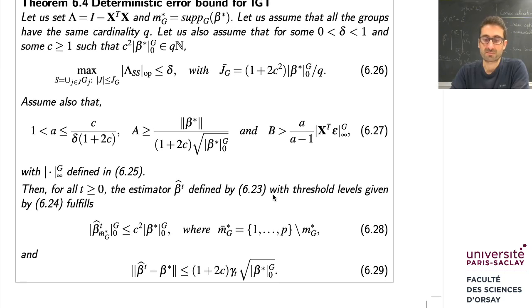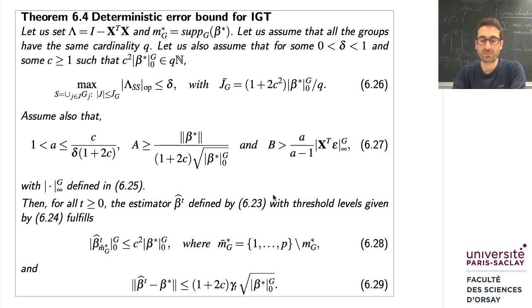So what are the statements? The statement is that if A and B fulfill these two conditions, or if we have this restricted isometry condition, then not too many groups are selected. If you look outside of the group support of beta star, no more than this number of groups are selected.